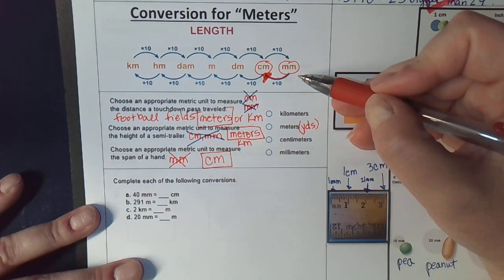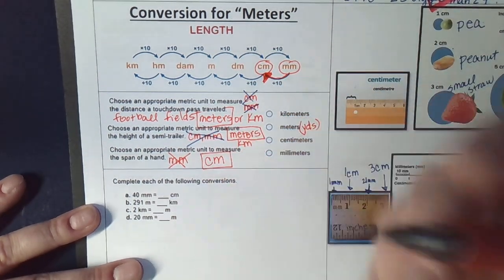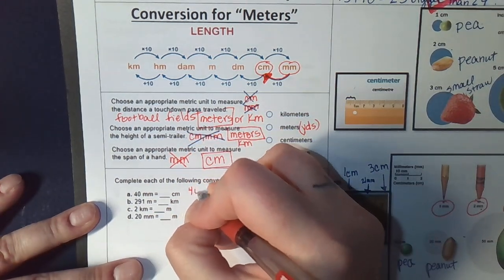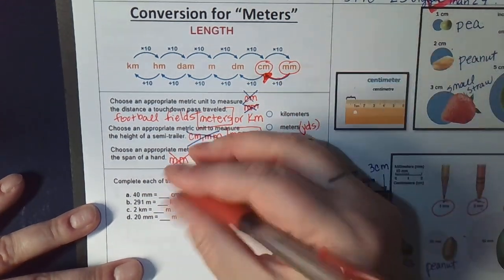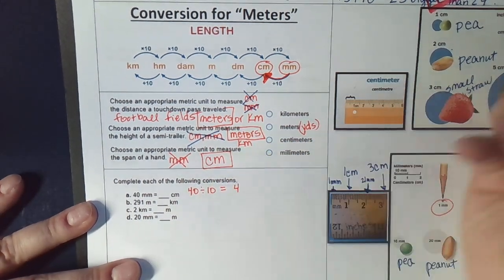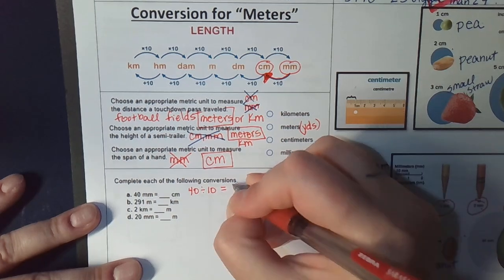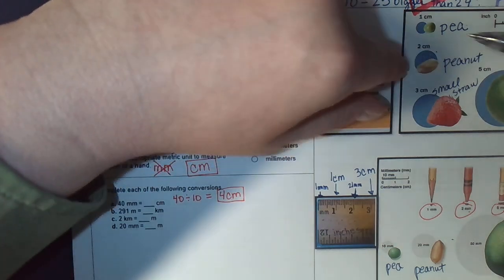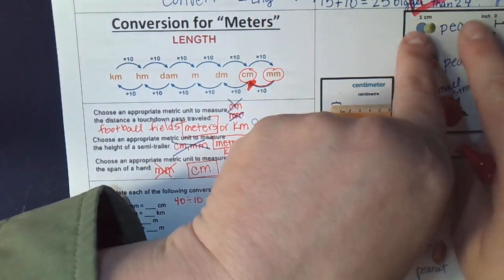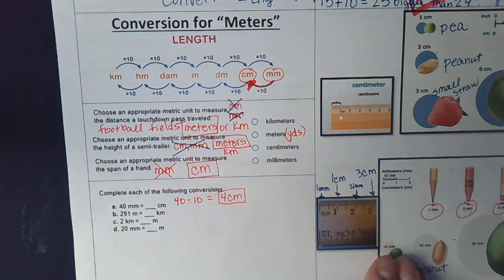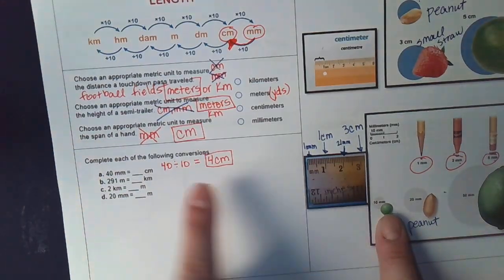So we're going from millimeters to centimeters. So we're going to say 40 and then divide by 10. 4. So 40 millimeters is 4 centimeters. And that makes sense because we already talked about this. 1 green pea is just 1 centimeter. But that's 10 millimeters. So that's totally right.